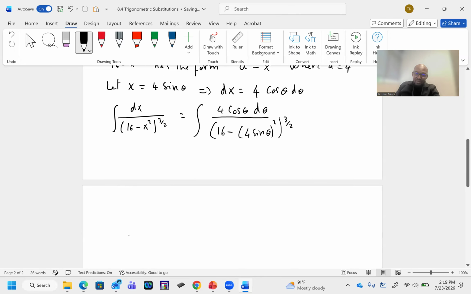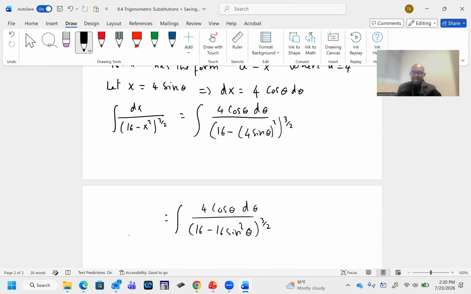If you look at this one, this is exactly the same thing as 4 cosine theta d theta over parenthesis 16 minus 16 sine squared theta to the power of 3 over 2, right?